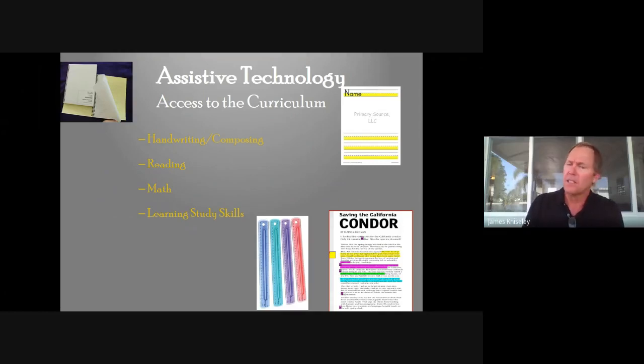Highlighters are great ideas. So this brings me to a question: lots of classes use highlighters. Does everyone in that class, are they considered using assistive technology? And the answer to that is no. When it's the common practice in the classroom that we're using highlighters, then it's not considered assistive technology.